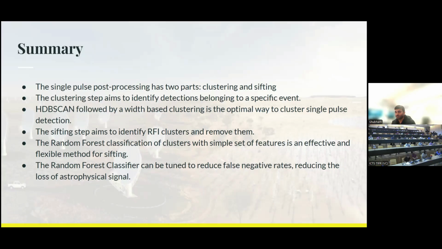And the shifting step tries to reject the RFI clusters, and random forest classifier combined with a simple set of features does a very good job. And also random forest classifier has a very good flexible way to reduce the false negative rate, which means that we are reducing the loss of astrophysical signal.